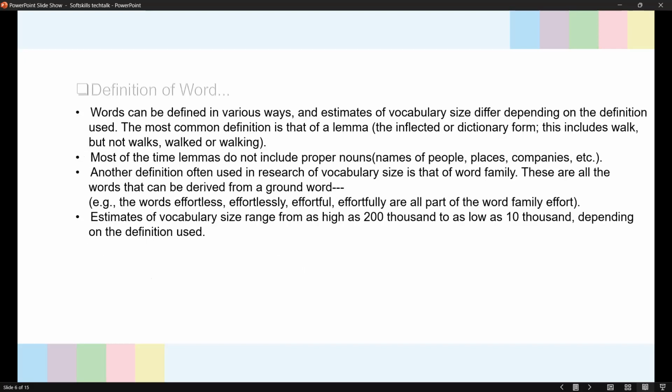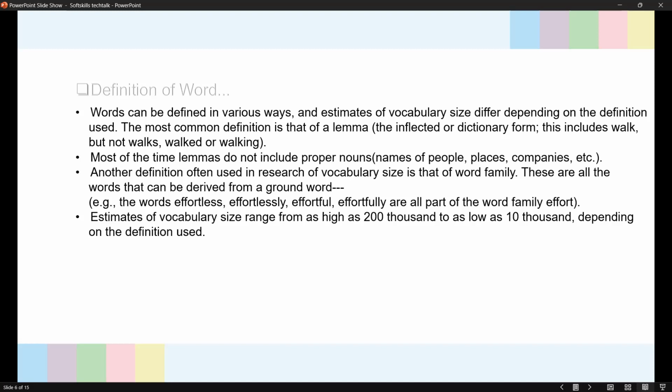Definition of word. Words can be defined in various ways, and estimates of vocabulary size differ depending on the definition used. The most commonly used definition is that of a lemma, the inflected or dictionary form, that includes walk but not walks, walked, or walking. Most of the time, lemmas do not include proper nouns, names of people, places, companies, etc. Another definition often used in research of vocabulary size is that of a word family.